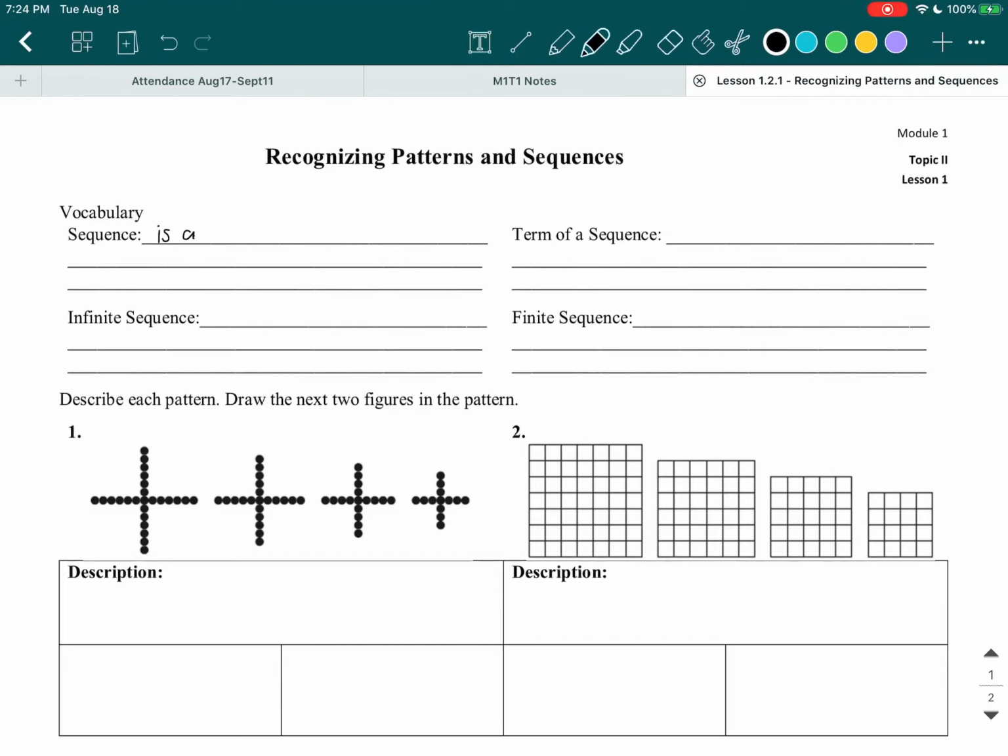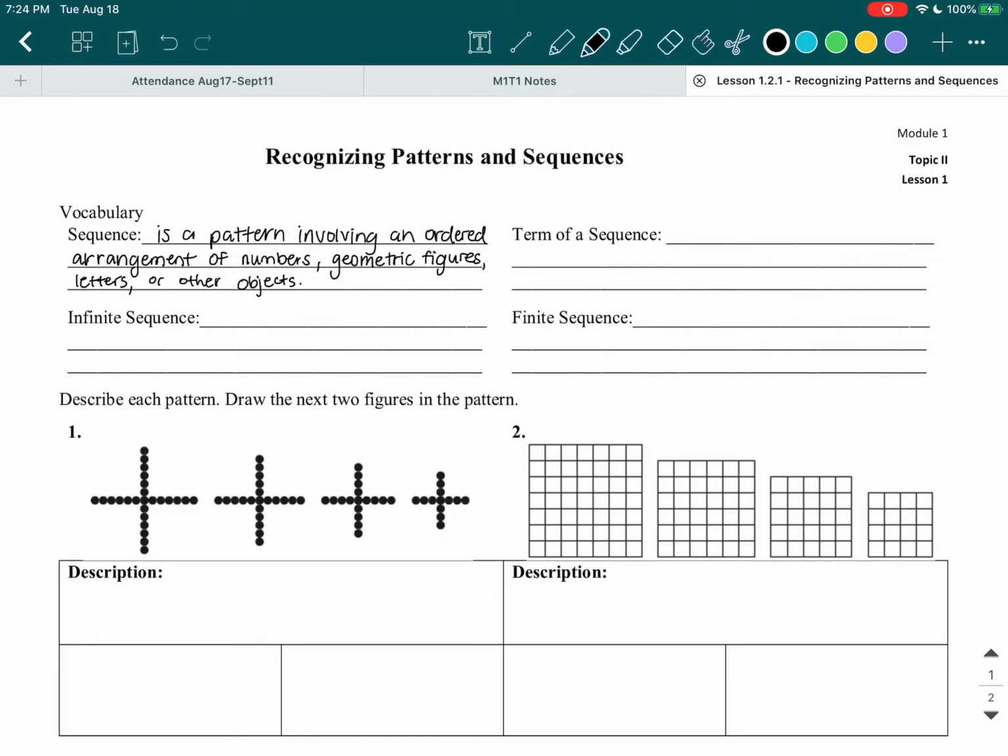Sequence is a pattern involving an ordered arrangement of numbers, geometric figures, letters, or other objects.